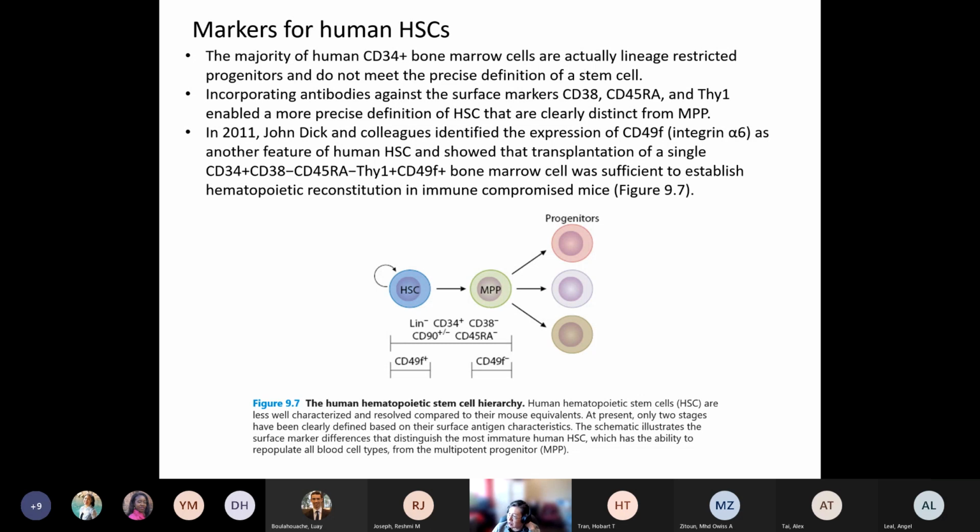So just pay attention to the differences in terms of markers. The humans are CD34 positive, lineage negative, plus additional markers. The mouse are quite different. The mouse should be lineage negative, SCA1 positive, c-KIT positive, not CD34 positive.